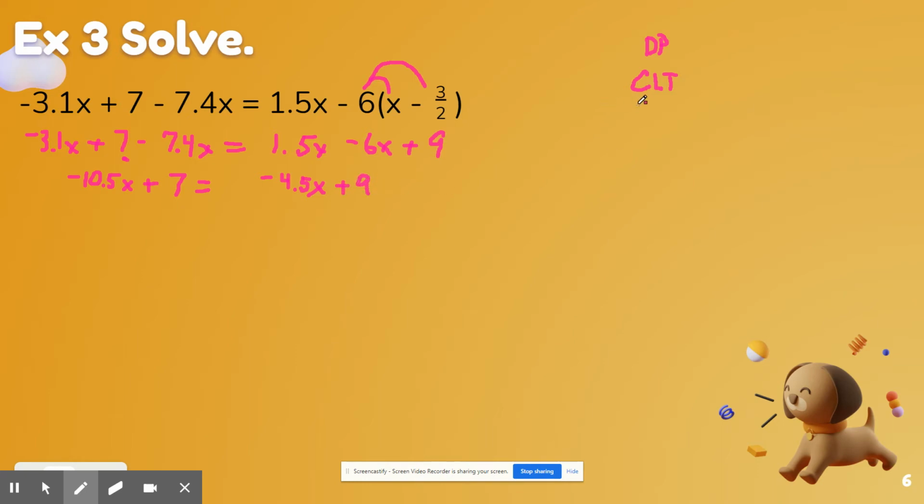Now we want to move the variable to the left. To do that, we're going to add 4.5x. Again, we're going to go back to our calculator.